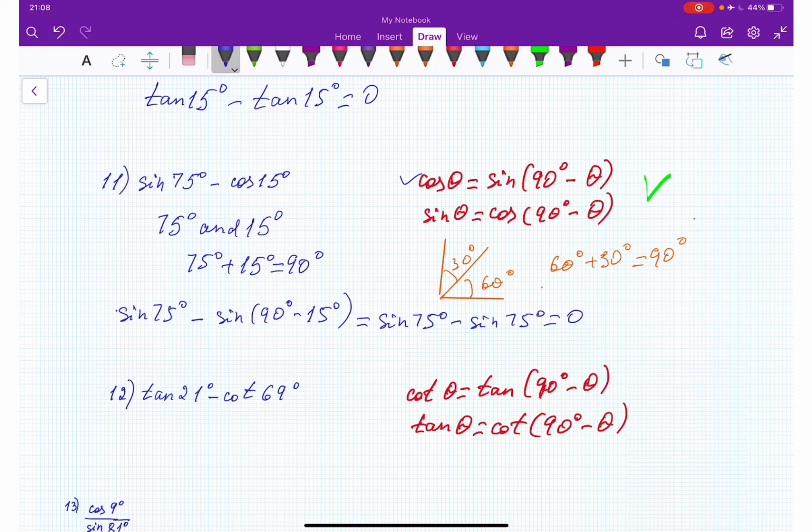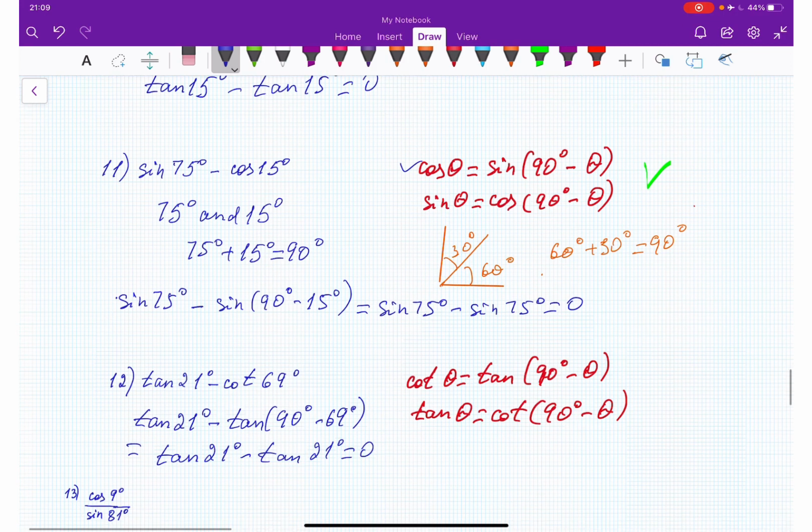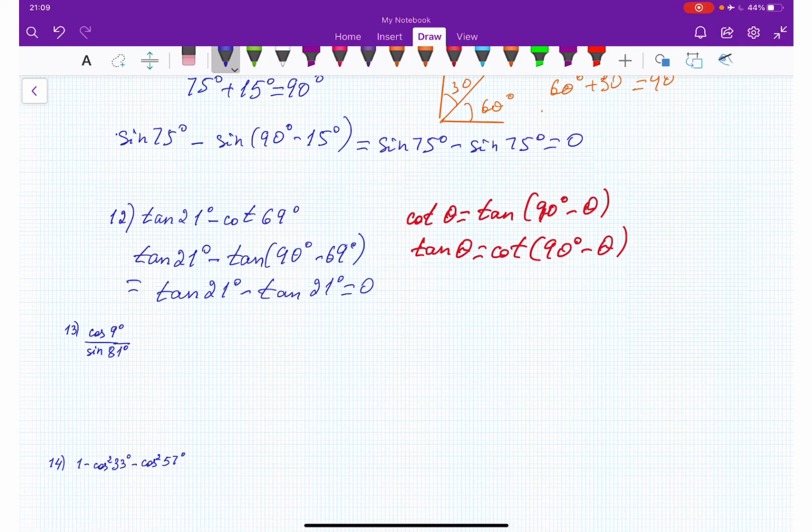So we have tangent 21 degrees minus cotangent 69 degrees, converted into tangent based on the complementary angles theorem, 90 degrees minus 69 degrees. And this is going to be equal to tangent 21 degrees minus tangent 21 degrees, which is equal to 0. All right. Next one.